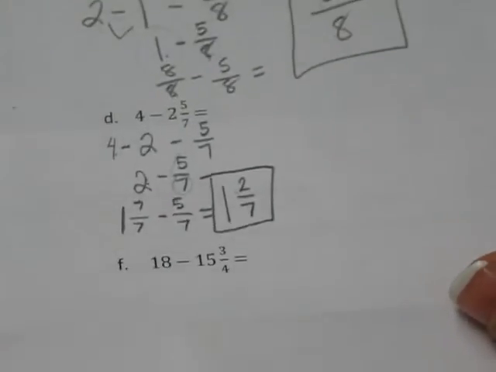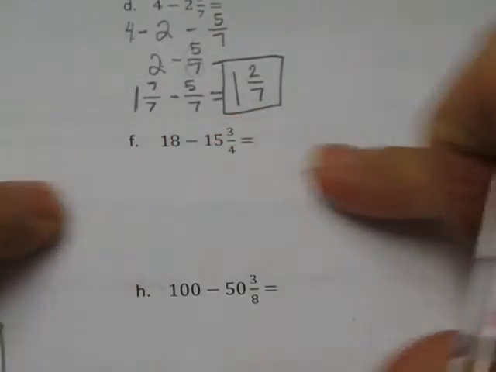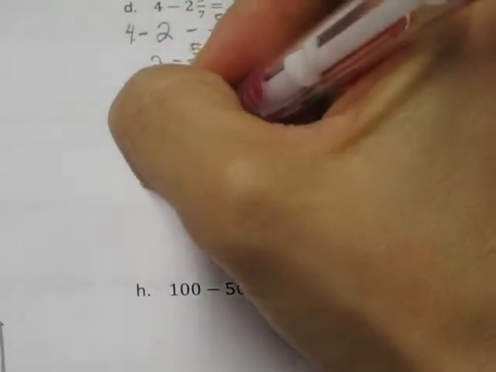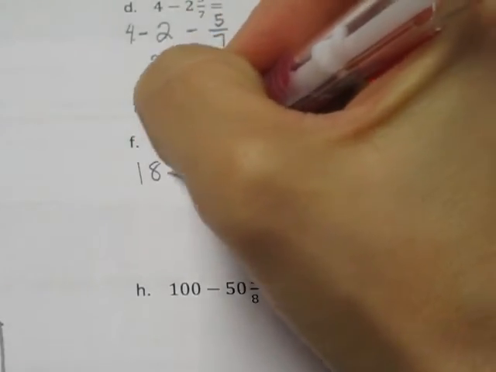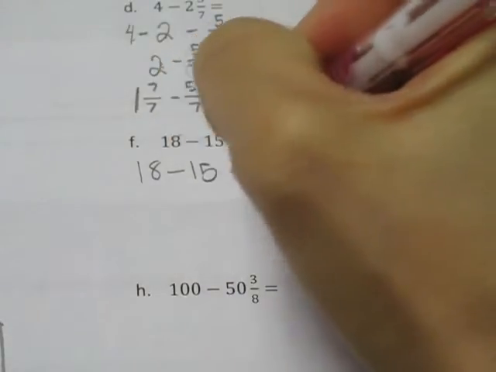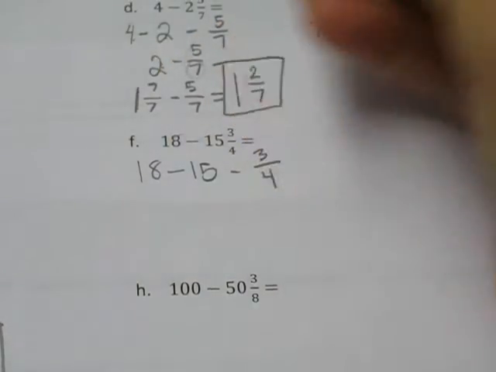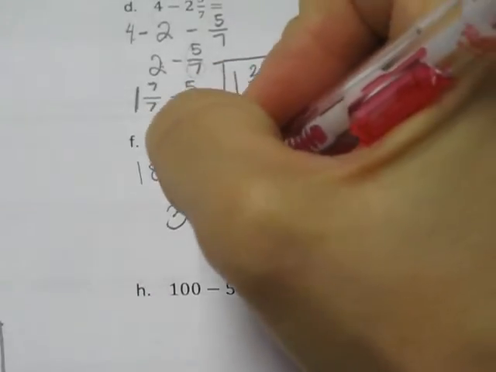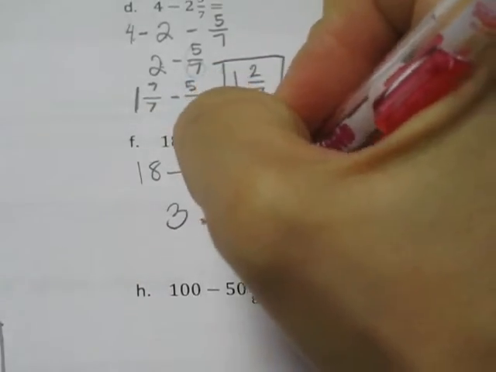And my last, I'm sorry, not my last one. Almost my last one. F, 18 minus 15 3/4. I'm going to pull out my whole numbers. So 18 minus 15 minus 3/4. 18 minus 15 is 3. 3 minus 3/4.